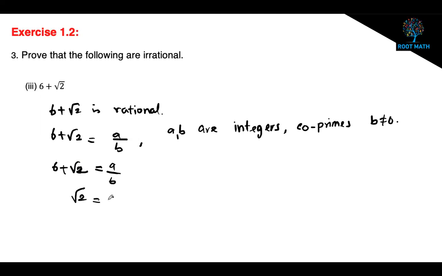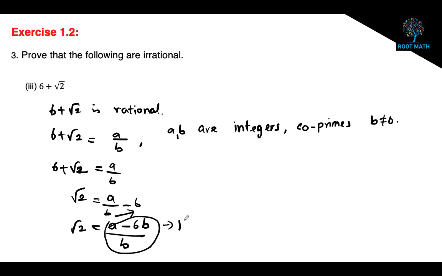Root 2 is equal to a by b minus 6, which is equal to a minus 6b over b. Root 2 is equal to this. Since a and b are integers, a minus 6b over b gives a rational answer.